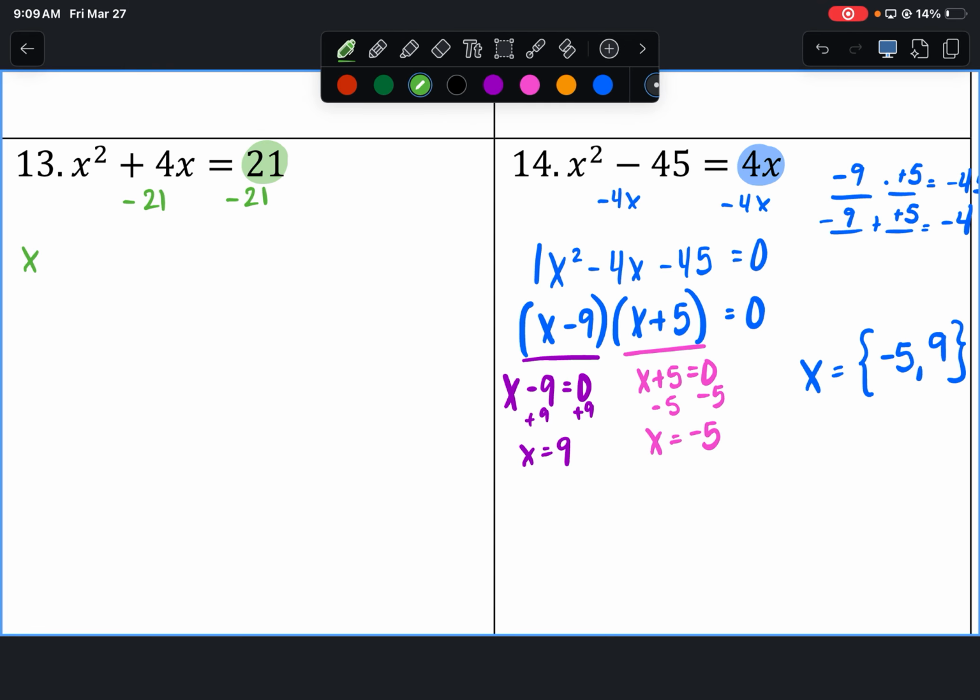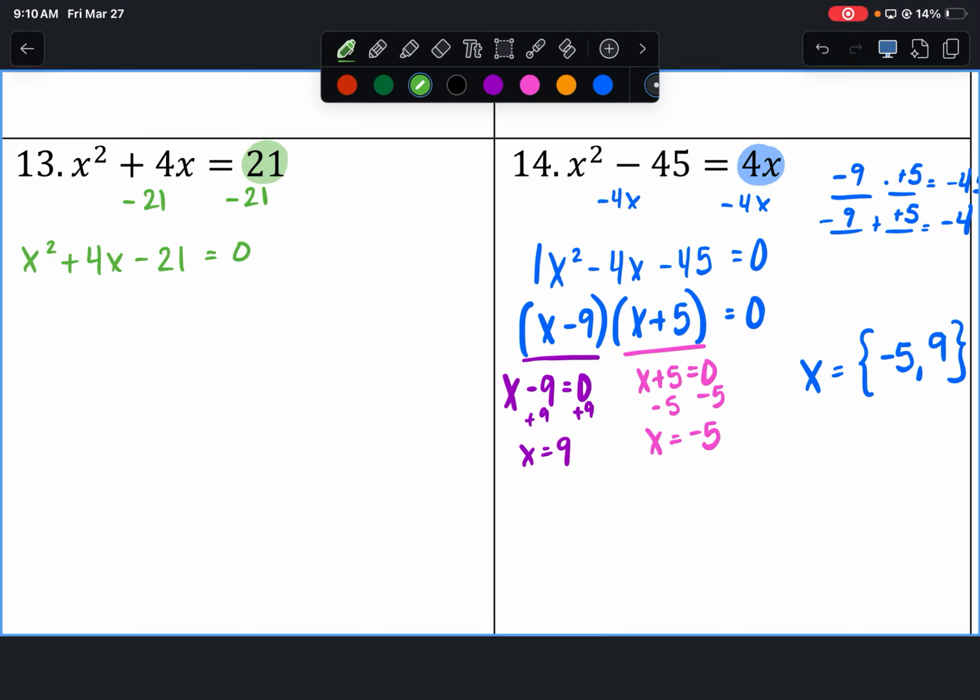All right. I also want us to look at number 17. So 17 has two x squared terms. It makes our lives easier if we can keep our x squared terms positive. So pretty much always what we're going to do is move everything to the left side.